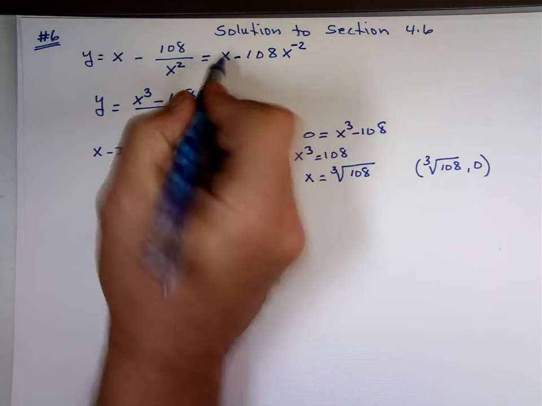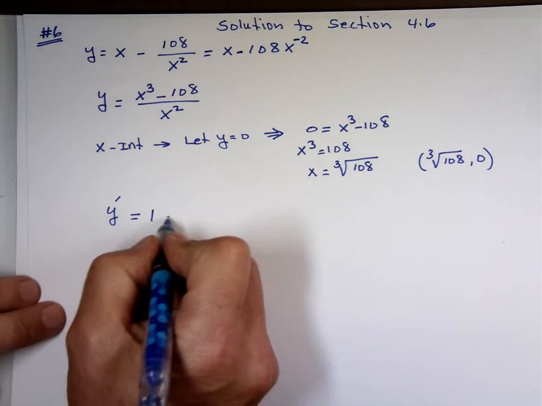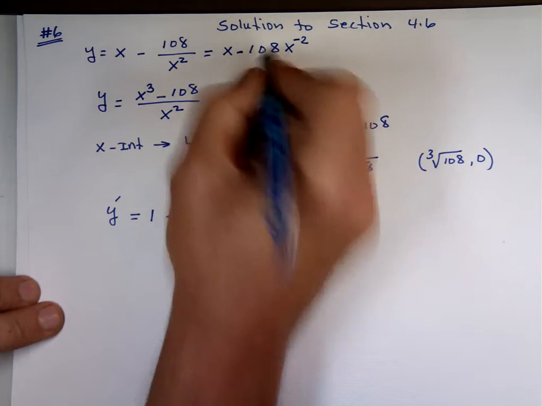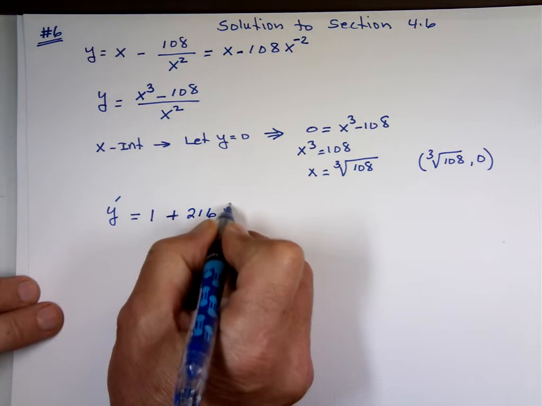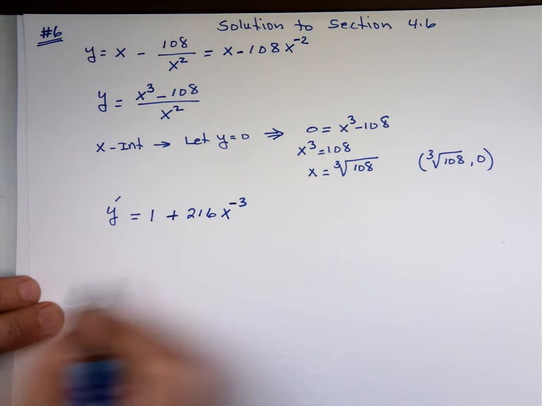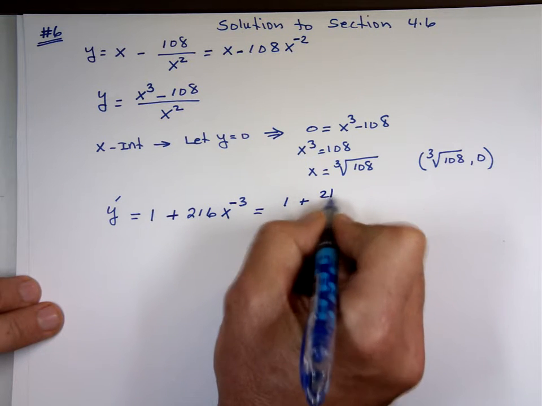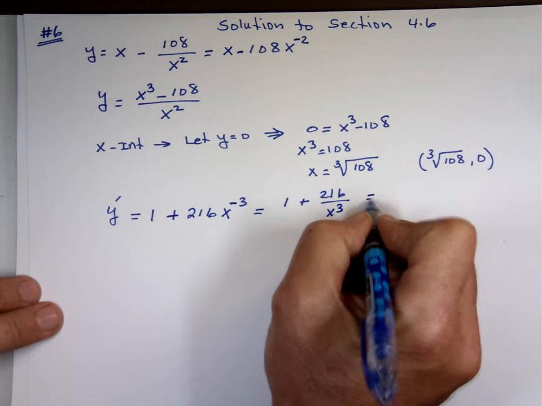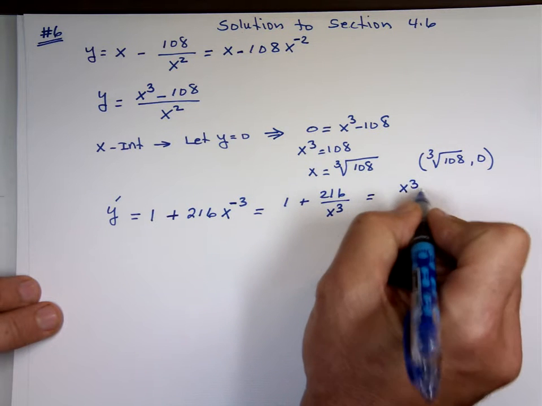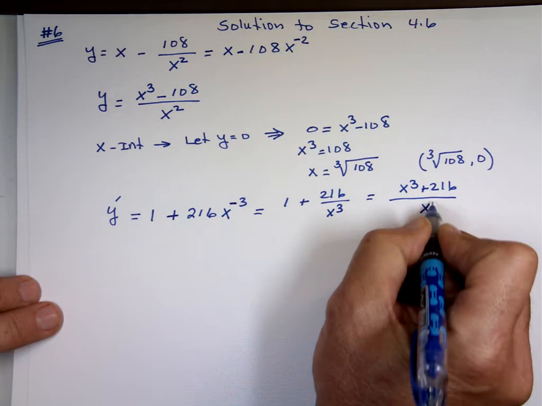Derivative of x is 1, minus times a minus, plus 2 times 108, which is 216, x to the negative 3. Or x cubed plus 216 over x cubed.